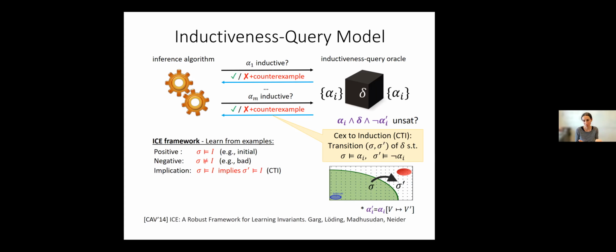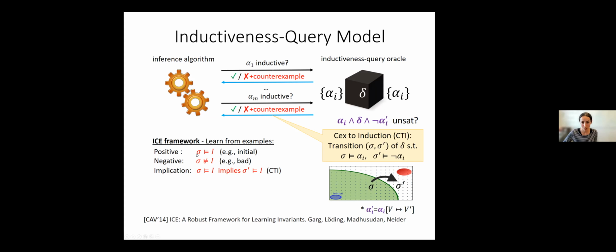So this is the first model. And this model may look familiar, because it captures exactly algorithms in the ICE framework that was proposed way before. In the ICE framework, the learner is supposed to learn a candidate inductive invariant from examples. And there are three kinds of examples.